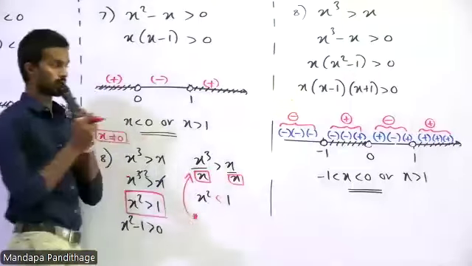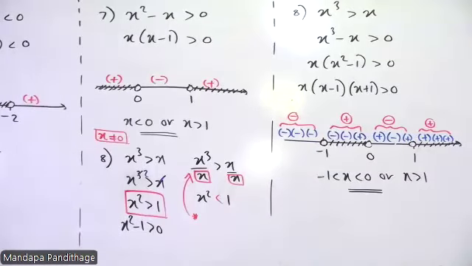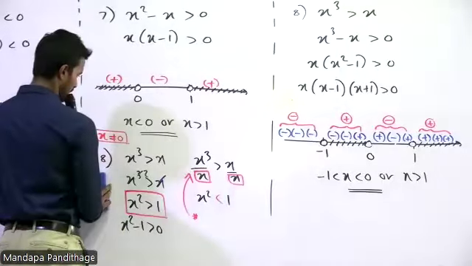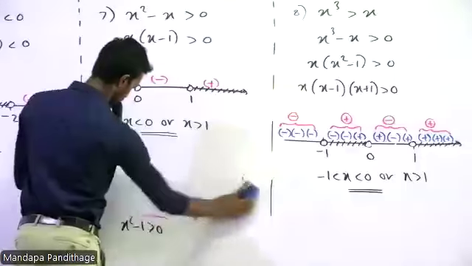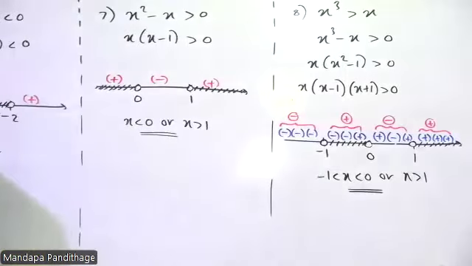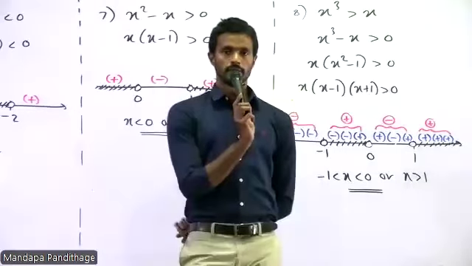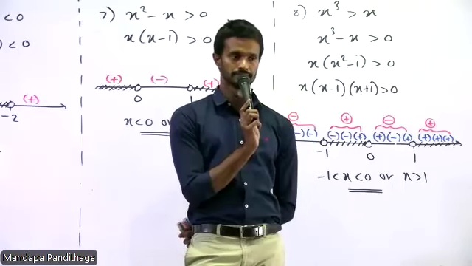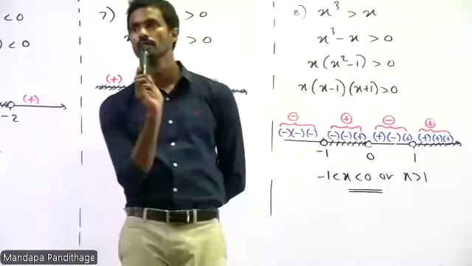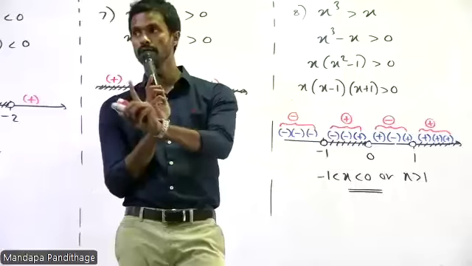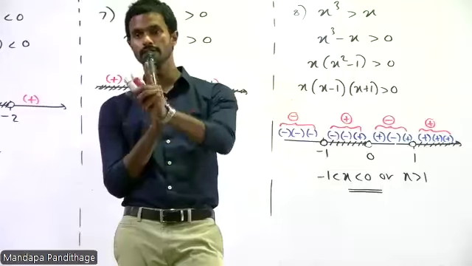Okay, write it this way: put a red star mark and write in a red pen. An inequality cannot be multiplied or divided by a term with an unknown sign.